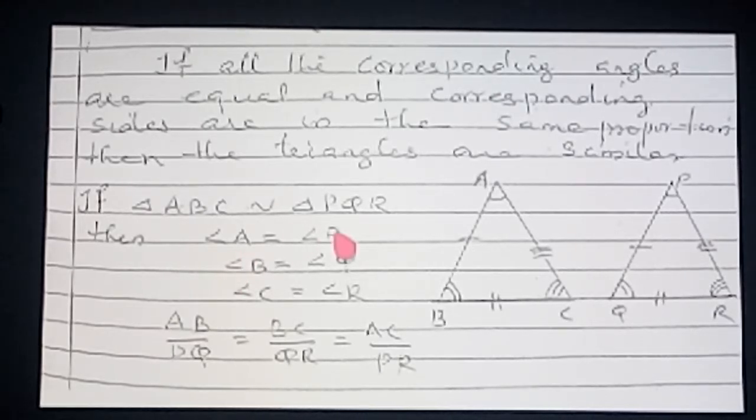Angle A is equal to angle P, angle B is equal to angle Q, angle C is equal to angle R. Second condition, AB by PQ is equal to BC by QR is equal to AC by PR. These are the two conditions for two triangles to be similar. Very, very important points.